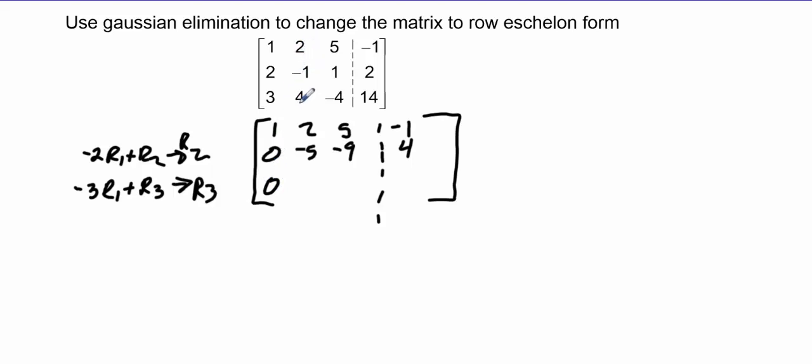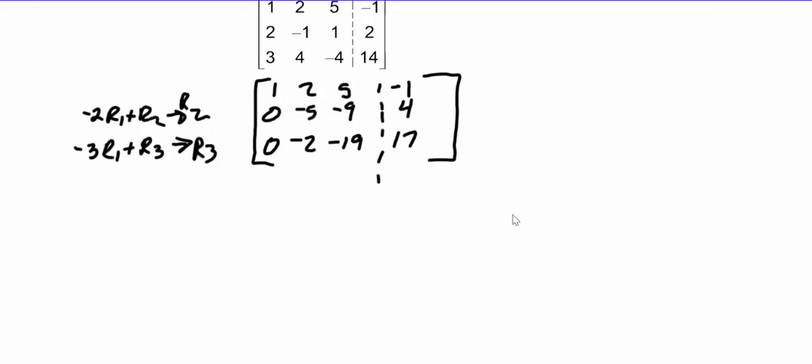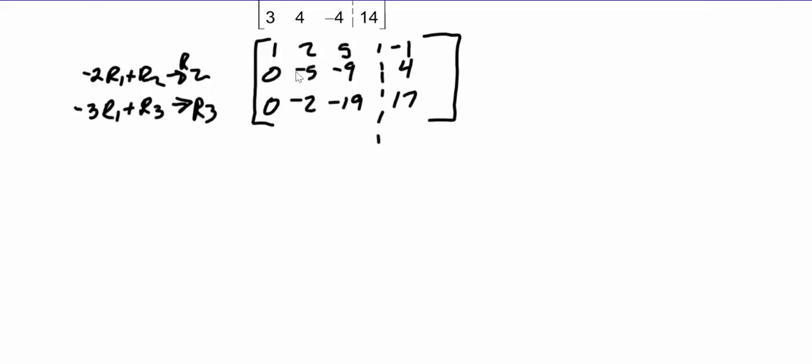Negative 6 plus 4, negative 2. And negative 15 plus negative 4, negative 19. This does not look good. And then positive 3 plus 14 is positive 17. All right, so the bonus is we got the two zeros, and now we've got some ugly stuff to do next.